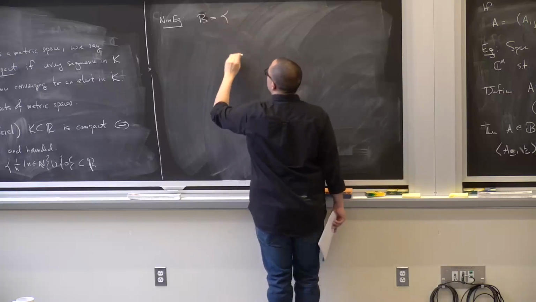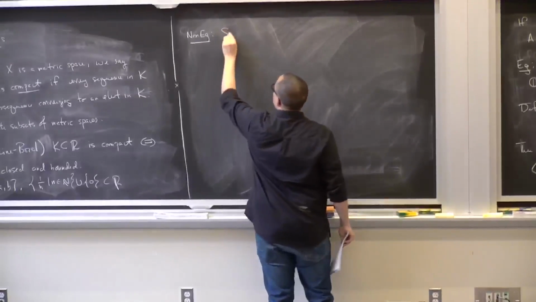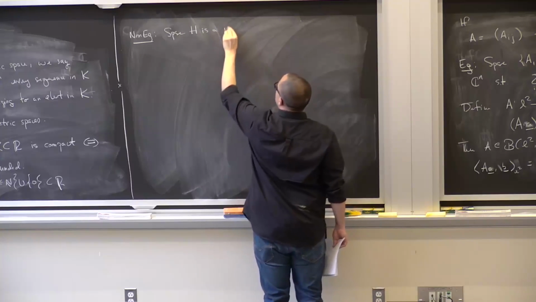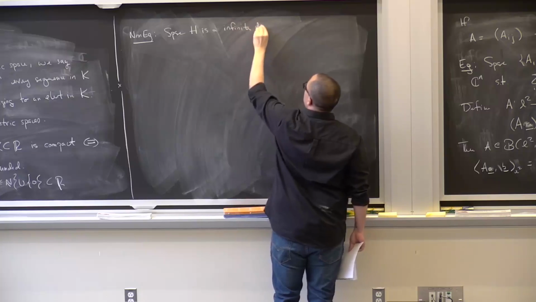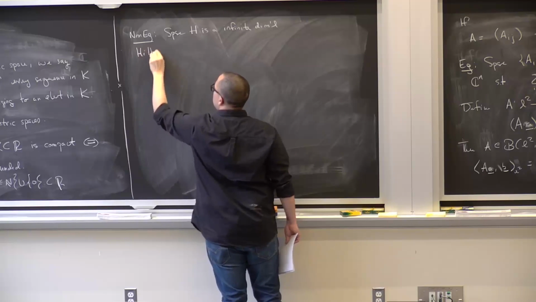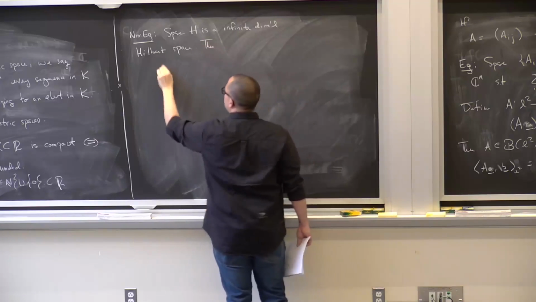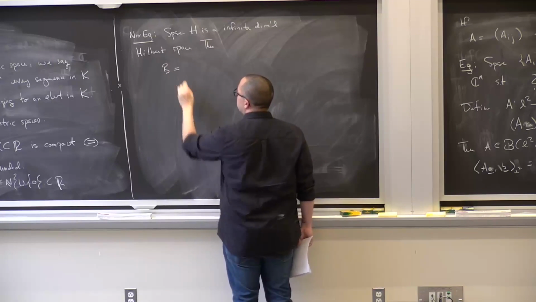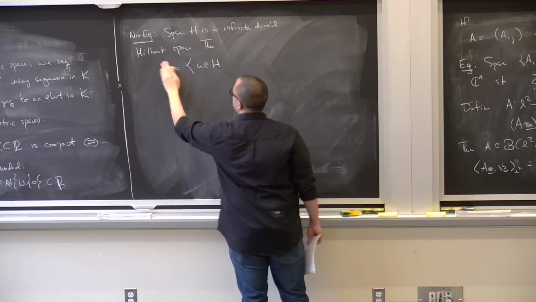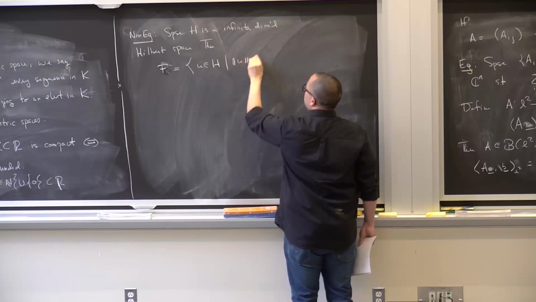Let's suppose H is an infinite dimensional Hilbert space, then the closed ball B equals the set of f in H such that the length of f is less than or equal to 1.